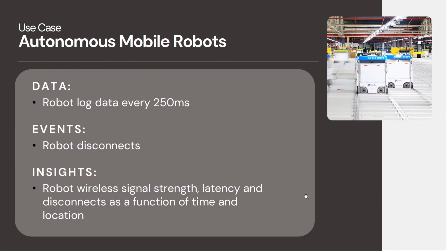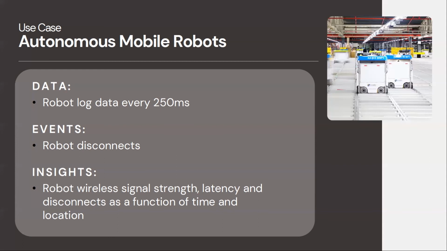So, based on the data that you get from the robots and maybe even from the wireless access points and other equipment in the warehouse, you can now try to understand the patterns in the wireless signal strength, in the latency, how many disconnects, et cetera, right?